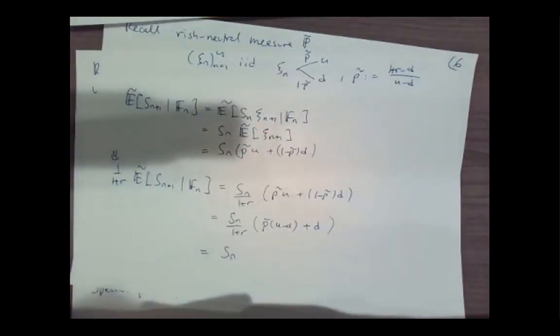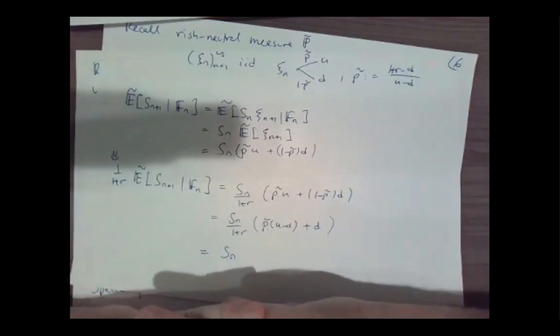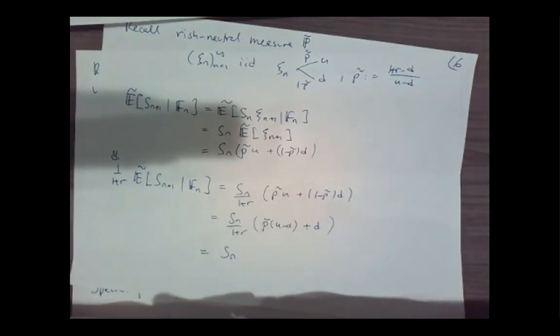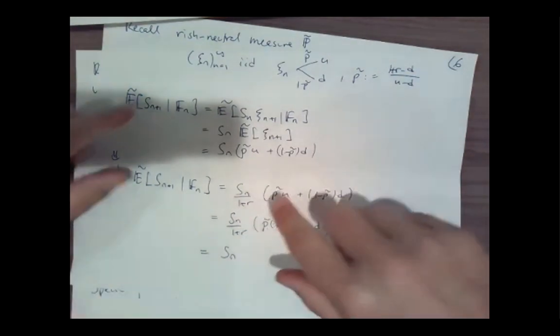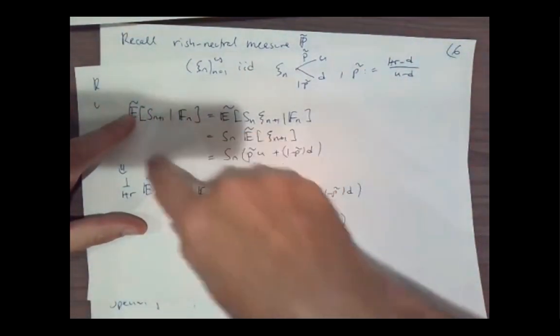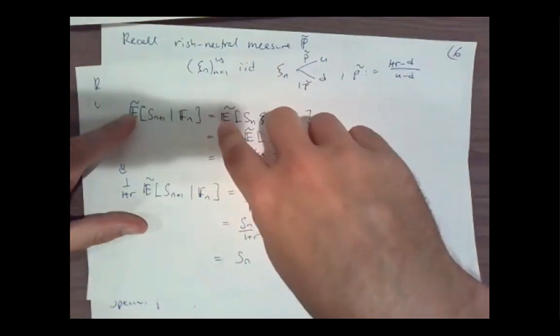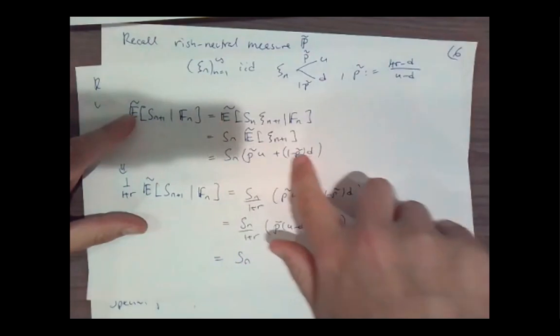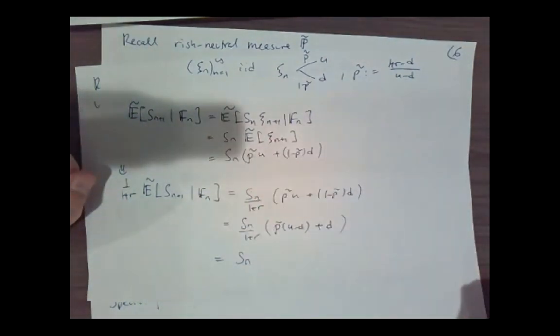This here is this general notion that we've been talking about throughout. This conditional expectation has the property that when I integrate Sn plus 1 over sets in Fn, I get the same as when I integrate this quantity here over those sets.